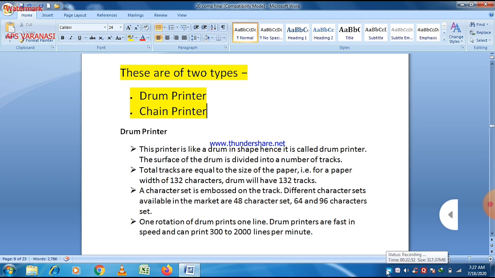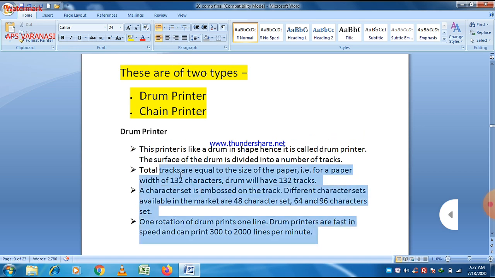The drum printer is called the drum printer because this printer is like a drum in shape, and the surface of the drum is divided into a number of tracks.